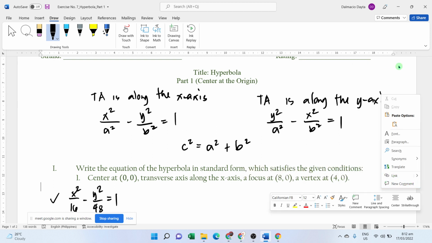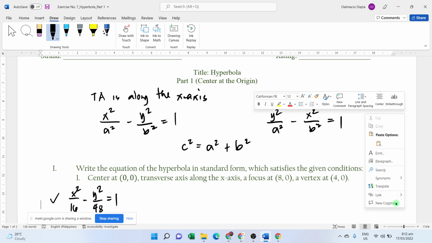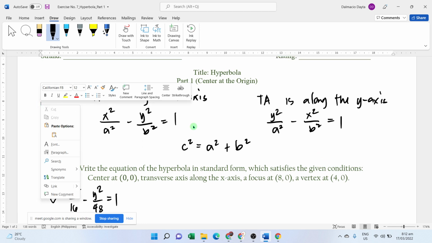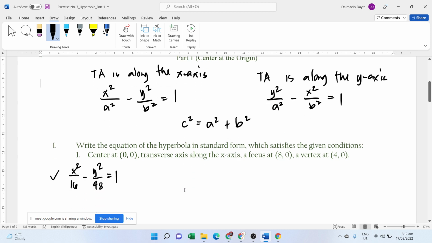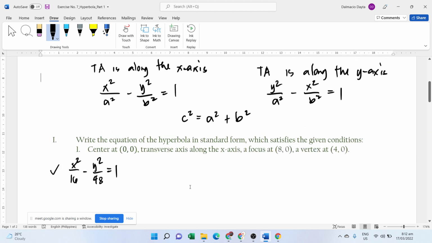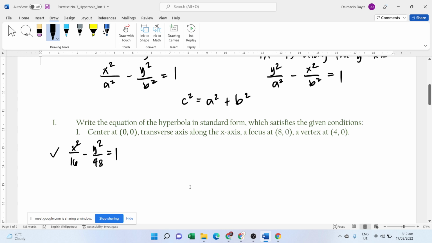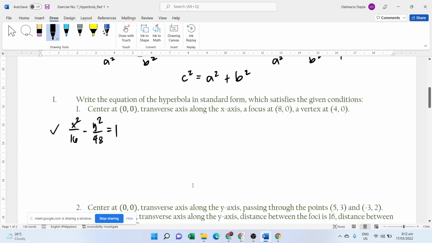And in the other equation, a squared is the denominator of the positive term, y squared over a squared. Okay? So it's easy to identify which is a squared in the two conics. Write the equation of the hyperbola in standard form which satisfies the given conditions.